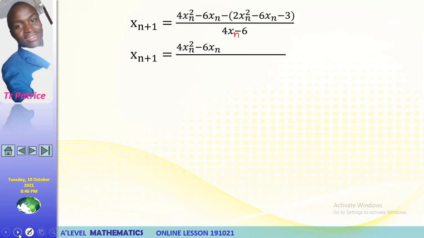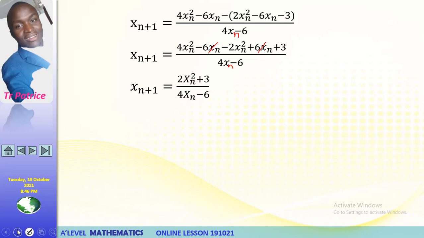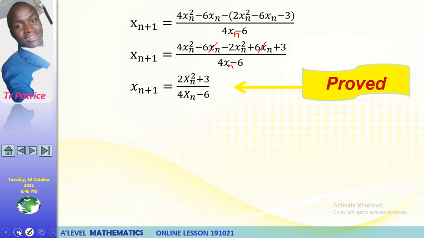I get 4xn squared minus 6xn minus 2xn squared plus 6xn plus 3 over 4xn minus 6. Then from there we can simplify, 4xn squared minus 2xn squared. We simplify and we get 2xn squared plus 3 over 4xn minus 6. Proved, we've shown that it is given by that.